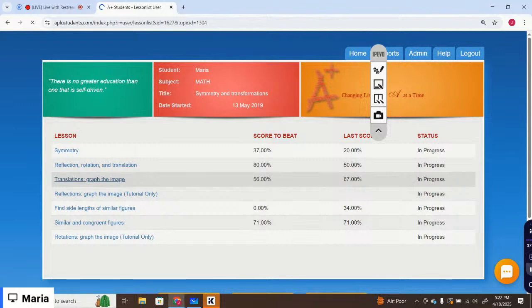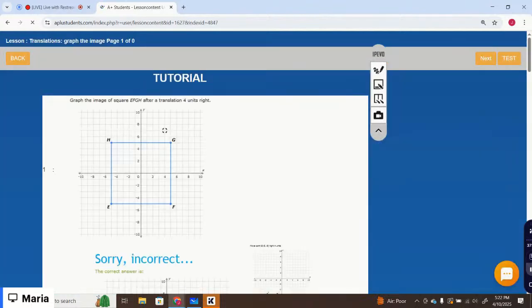Translations: graph the image. Graph the image of square EFGH after a translation of 4 units right.